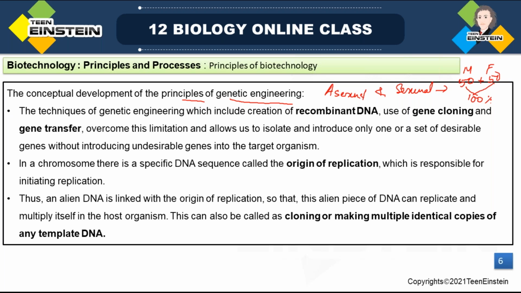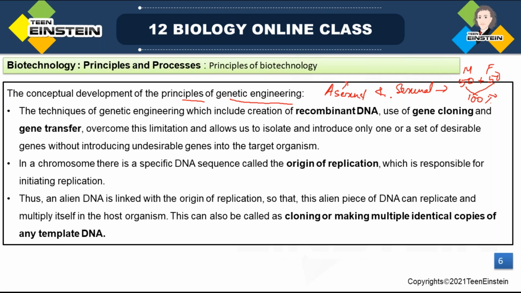But in sexual reproduction, you will get different combinations, and useful combinations will also be there. In asexual reproduction, however the mother is, the offspring will be exactly similar to the parental organism.